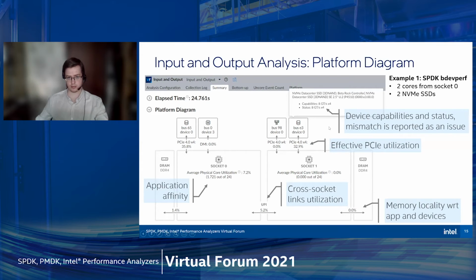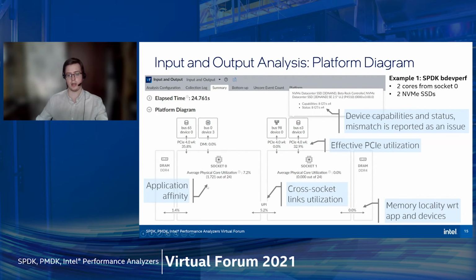And the mismatch of these two attributes is reported as an issue, because in case your device is configured with, for example, half available width, it may significantly limit throughput and might be the reason for a performance issue. Also, you can detect a lot of topology related problems just by looking at this picture, right?